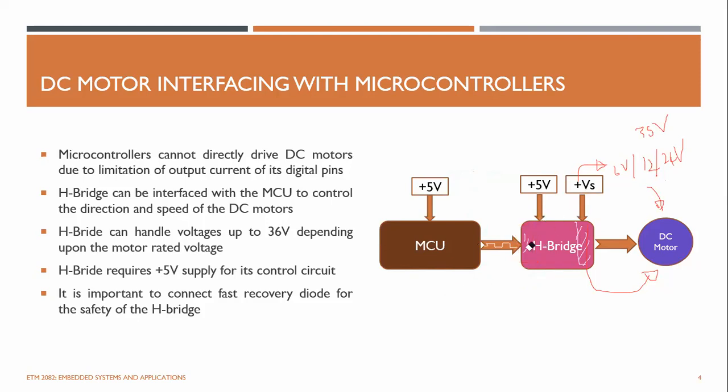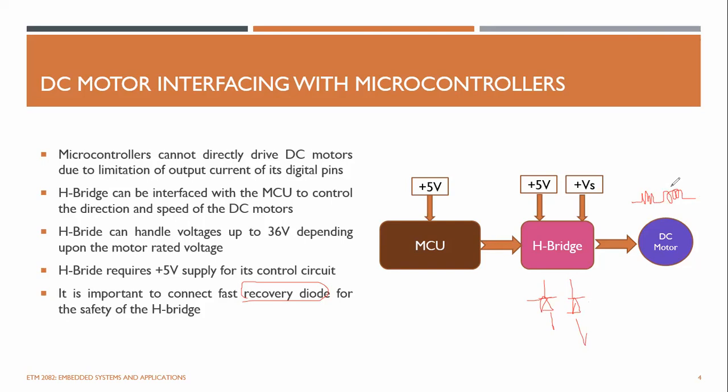H-bridges have different internal hardware, but you have to provide some sort of fast recovery diodes apart from the H-bridge in order to protect the H-bridge from inductive switching, because the motor is something like a load with resistance and inductance, right?